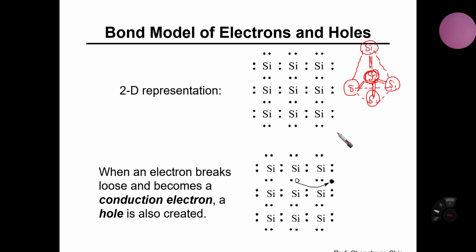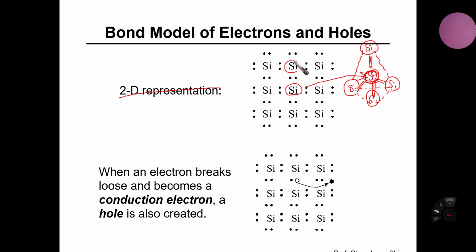So this is 3D. This shows the three-dimensional view of how the silicon atoms are connected with the four neighboring silicon atoms. But it is hard to describe and hard to draw every time. So people love to use a two-dimensional representation. This is a silicon atom at the center, which corresponds to this one.